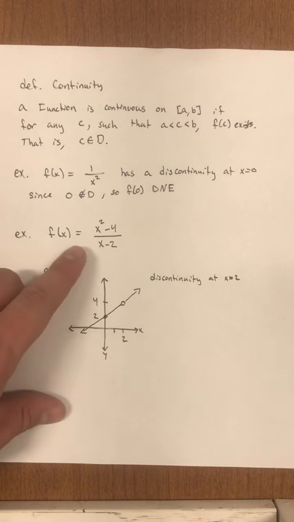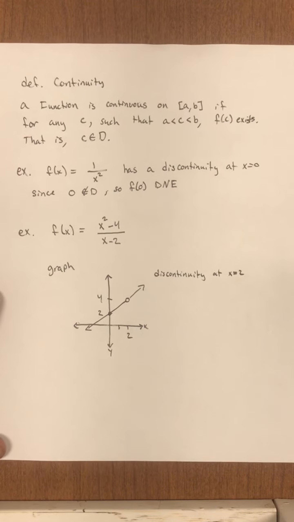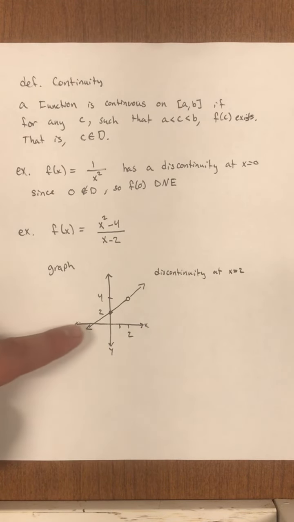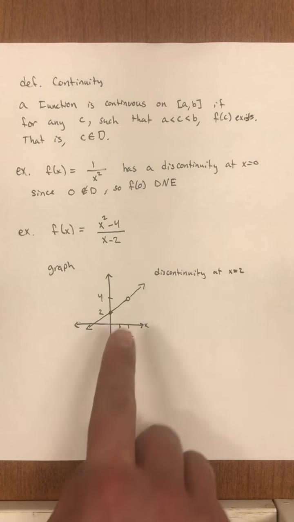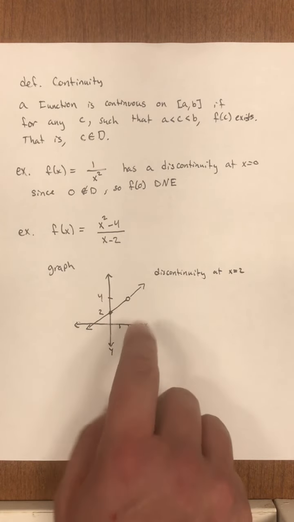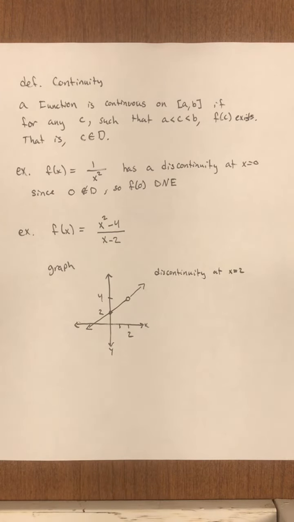In this next example, we have x squared minus 4 over x minus 2. If we look at a graph of this, it's going to look like a linear function with one key difference. At x equals 2, there's an open dot signifying discontinuity.